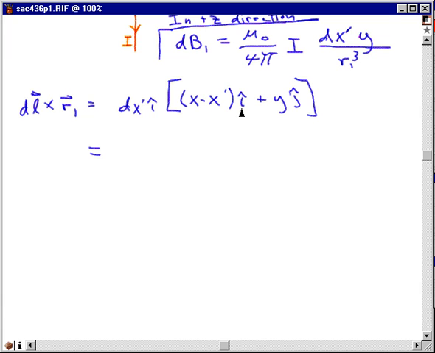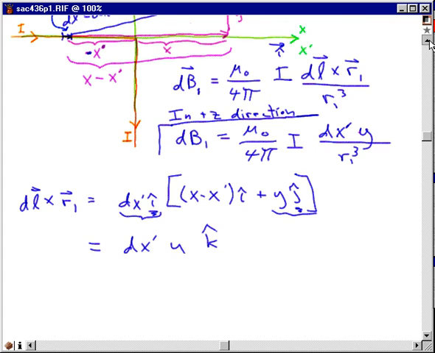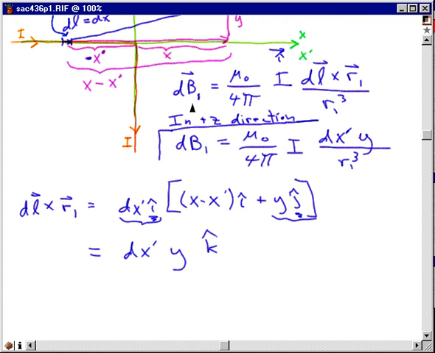You get a magnitude of course of 1, because the two vectors in the cross product are perpendicular to each other, and each one of them has the length of 1. So I wind up with dx prime times y. I'm taking this term and multiplying it into that one. You've got the magnitudes out front, and then I crossed into J is just K. So plug that into this original expression for dB1, and I've got just what I got down below, except on the right hand side I've got times the unit vector K, and on the left hand side I've got the vector dB1.